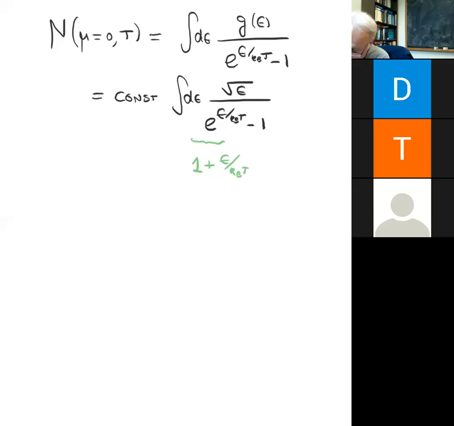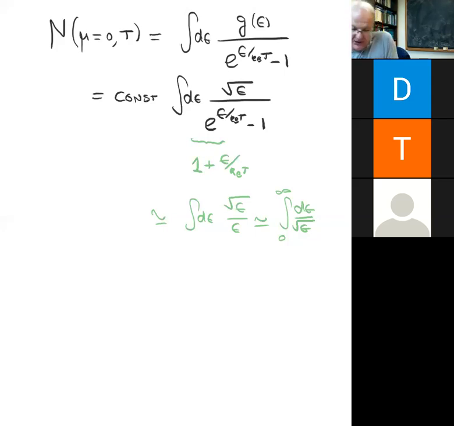So the integral is of the form d epsilon root epsilon divided by epsilon, which is d epsilon divided by root epsilon. It goes from 0 up to infinity, and 1 over root epsilon is singular at epsilon going to 0, but not so singular that it can't be integrated. So it's a perfectly finite integral. The total number of particles is still well behaved at mu equal to 0. It's just that something funny happens if mu becomes positive.